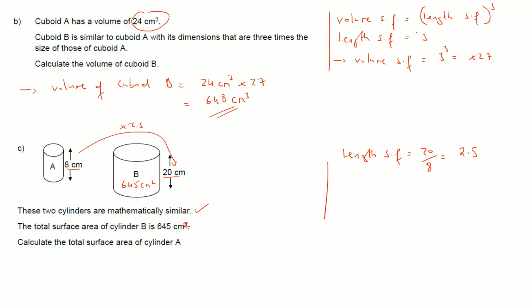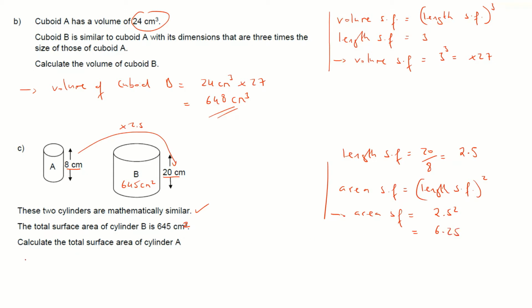Now, the volume scale factor is the length scale factor cubed. We also notice that the area scale factor, and this should make some sort of sense now, is the length scale factor squared. So for this one, the area scale factor is going to be 2.5 squared, which is 6.25.